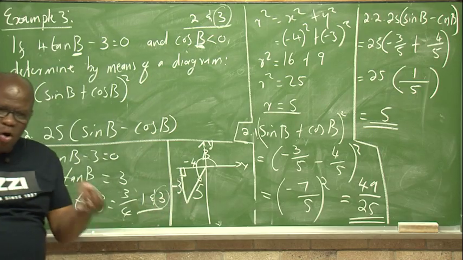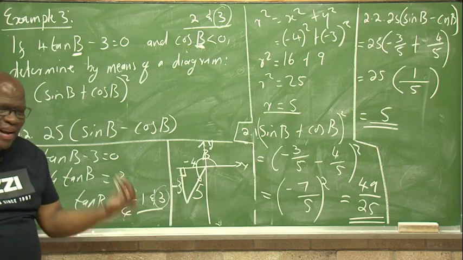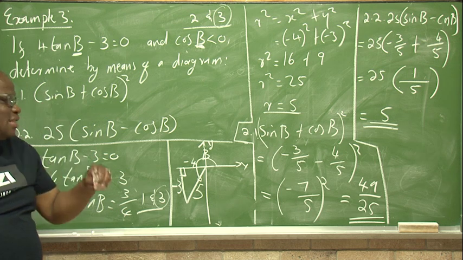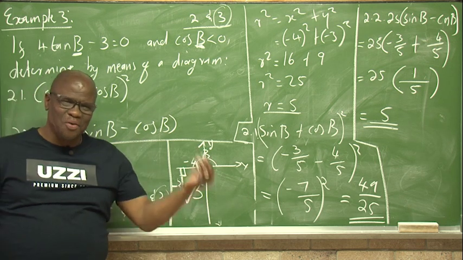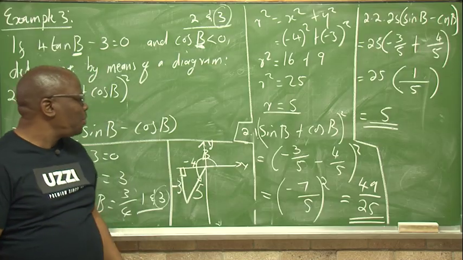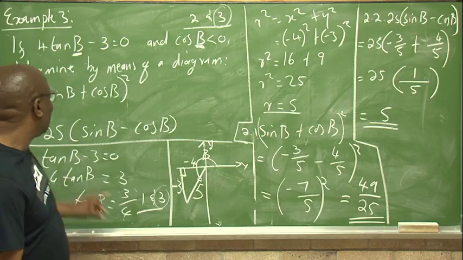Now you look for a common quadrant. In that common quadrant, you draw a right-angled triangle. You'll have two sides. Use Pythagoras theorem to work out the length of the remaining side. Once all the sides are known, know your definitions.